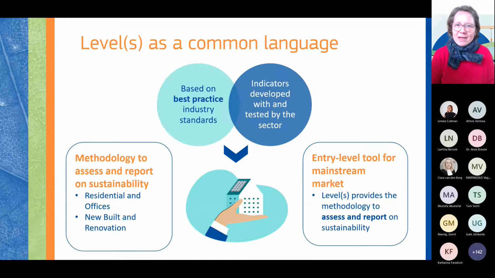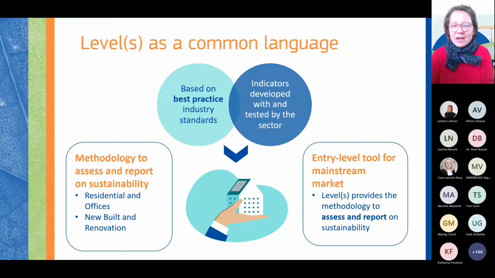From the very beginning, we knew that we wanted to provide a tool, a methodology, this common language, which would work really well for those who start their journey on understanding the sustainability performance of their buildings, so that no major experience in life cycle analysis or something like that would be needed.